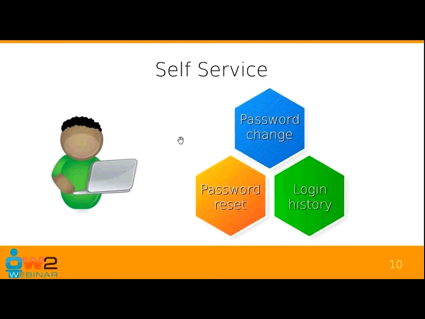But we can also give access to a password reset page, which means if the user lost their password, they can enter their email and get a link, and then they are able to change their password without knowing the former password. And the last service is the login history. The user will be able to see all the previous logins, the failed logins and the successful logins.